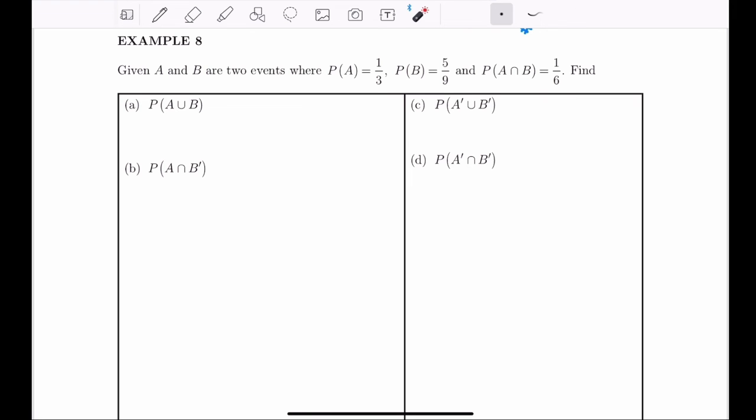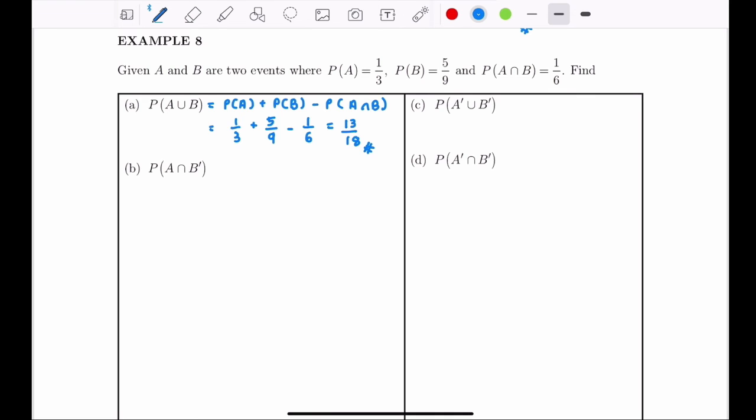So we have to find probability of A union B. We can use the formula probability of A plus probability of B minus probability of A intersect B, which equals 1 over 3 plus 5 over 9 minus 1 over 6. If you calculate using a calculator, you should get your answer as 13 over 18.